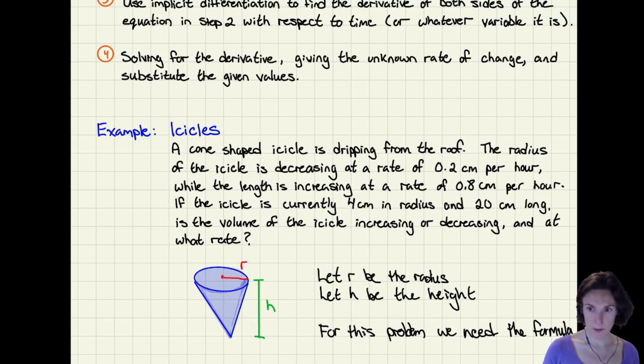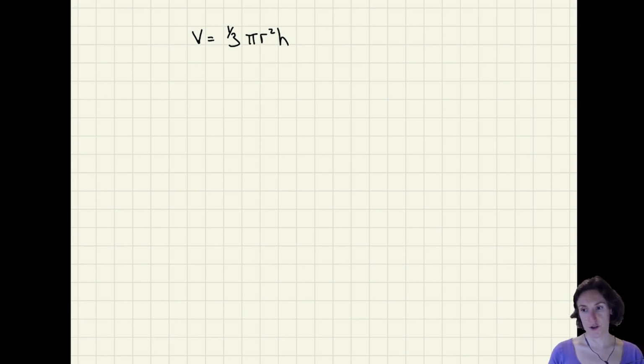Oops, sorry, my head's in the way. Okay, and we know what that is. If you forget, that's not a problem. You can look it up on Google, but it's 1/3 pi r squared times h.